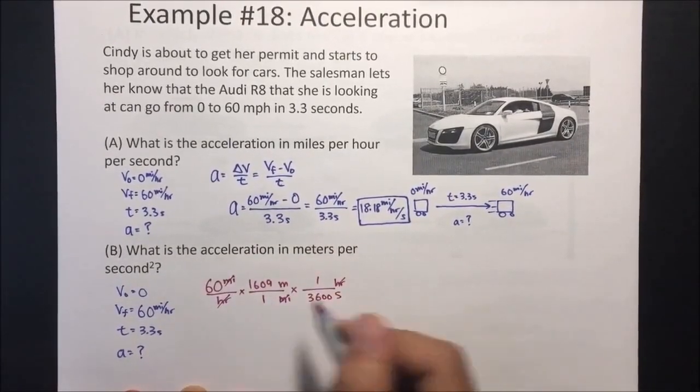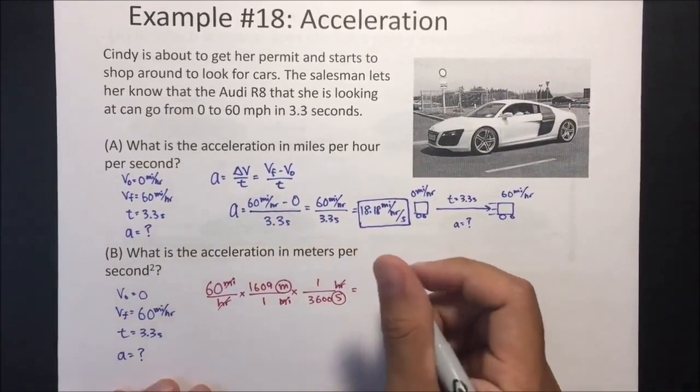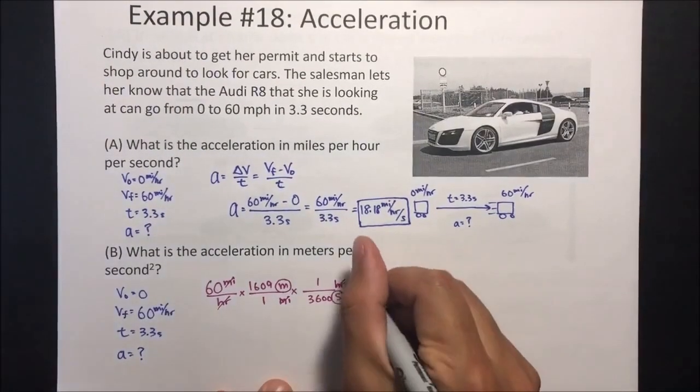So we get rid of the miles, get rid of the hours, and we get what we want of meters and seconds. Do a little bit of calculation, and we find that this is equal to 60 times 1609 divided by 3600, which is 26.82 meters per second.